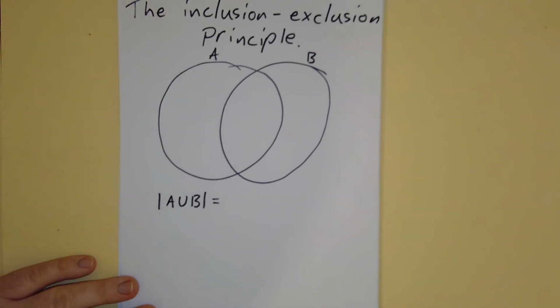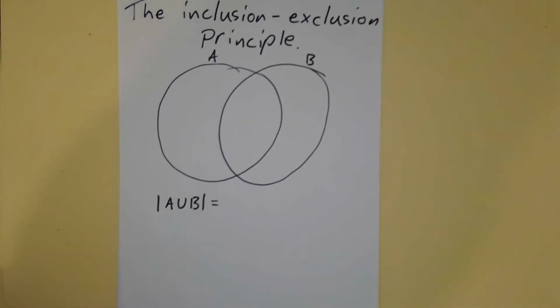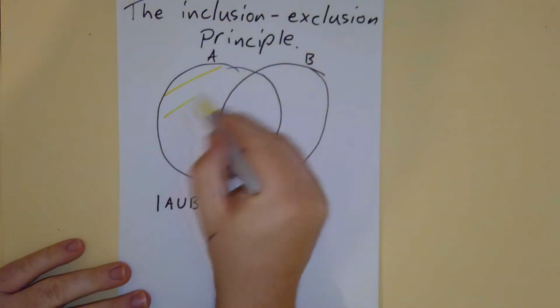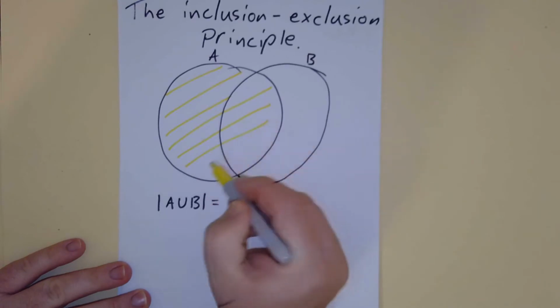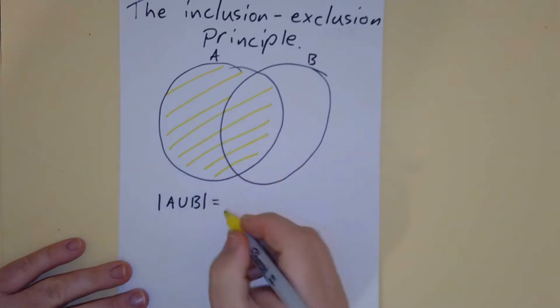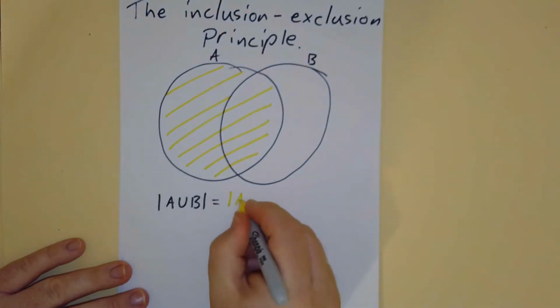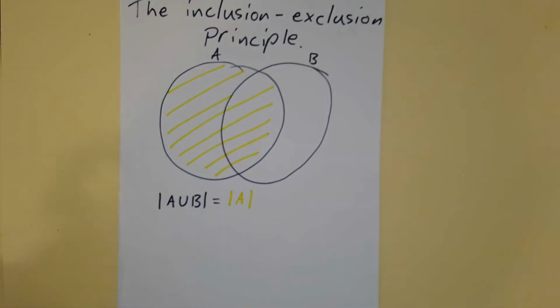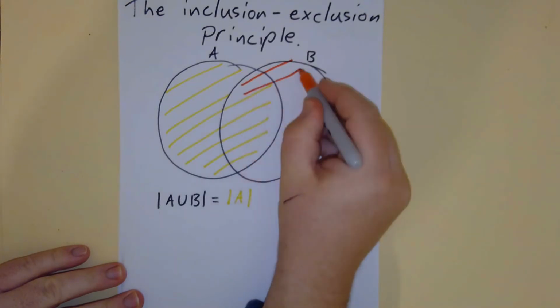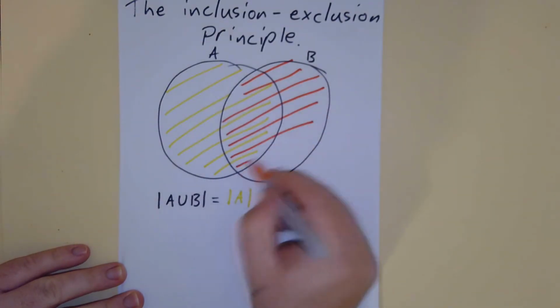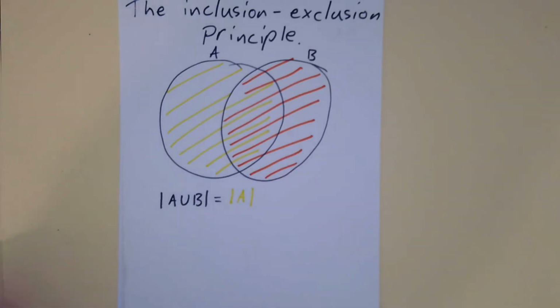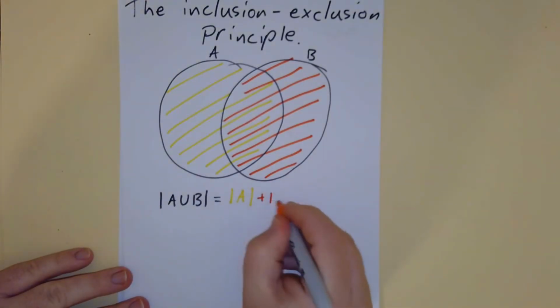So if I think about everything that's in A, that would be all of these things that are just in A, but also the ones that are in A and B. So I'm going to count those. And then if I also do the same with B, I've got all the stuff that's just in B, but I've also got that stuff that's in A as well.